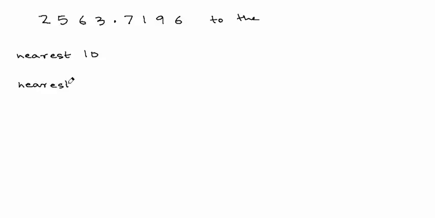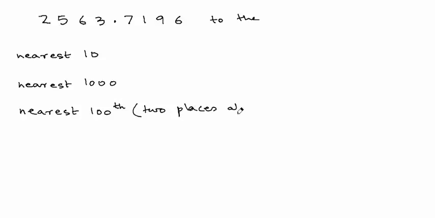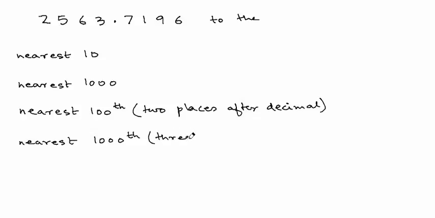Let's say we want to round the number 2563.7196 to the nearest 10, to the nearest 1000, to the nearest 100, which means two places after the decimal point, and finally to the nearest 1000, which means three places after the decimal point.